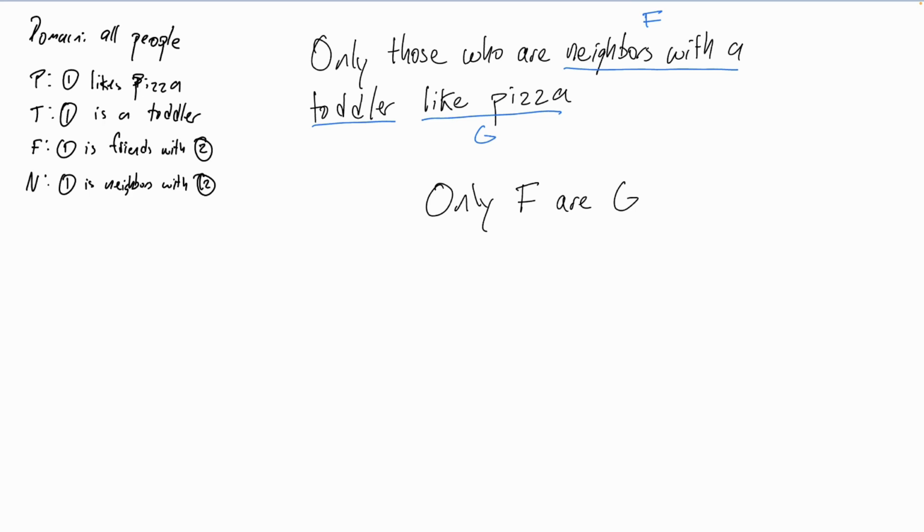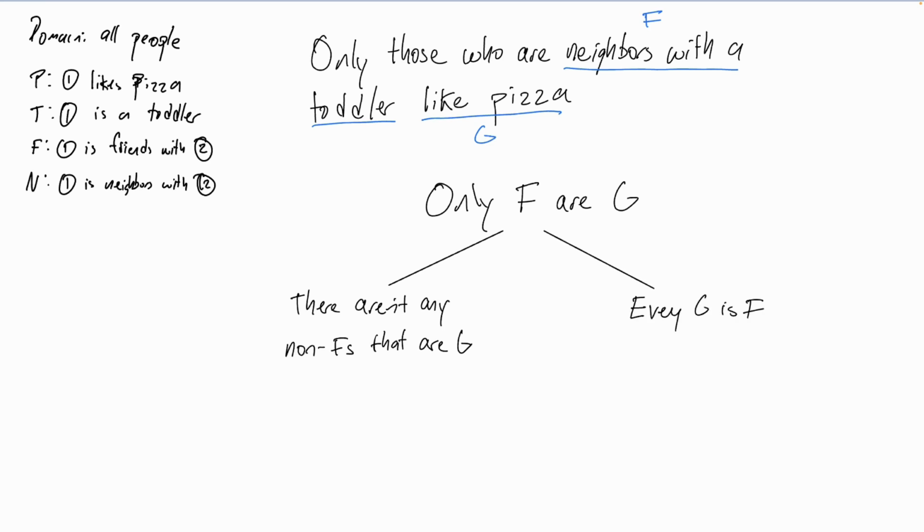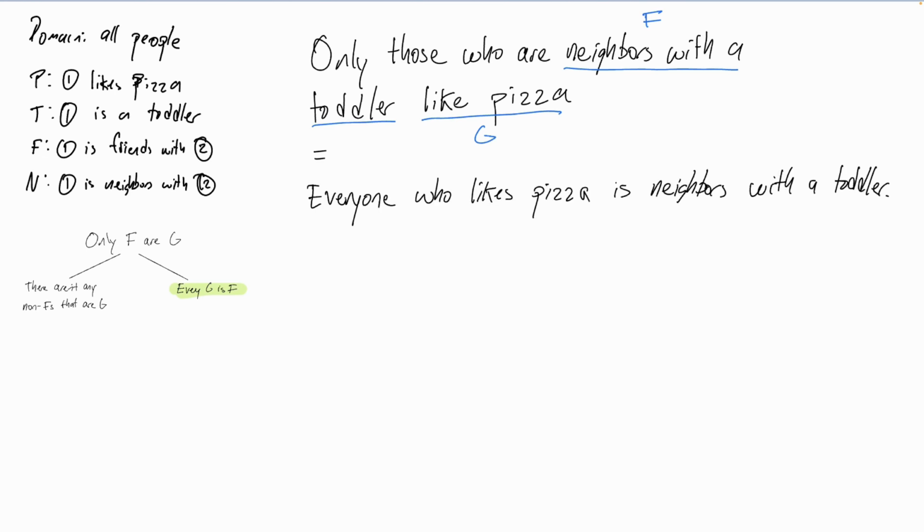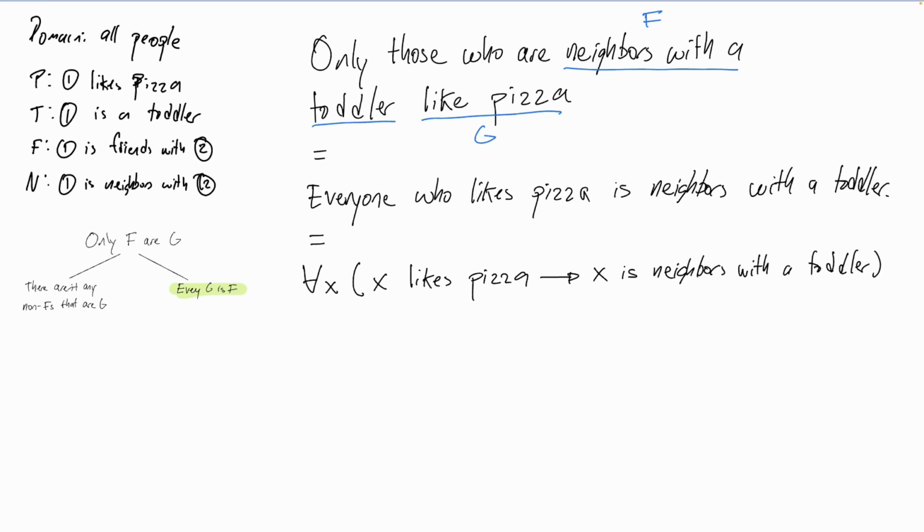We can see it as saying there aren't any non-Fs that are G, or we can see it as saying every G is F. Let's go with the second option. So that means rewording only those who are neighbors with a toddler like pizza as everyone who likes pizza is neighbors with a toddler. And that we can rephrase as every X is such that if X likes pizza, then X is neighbors with a toddler.